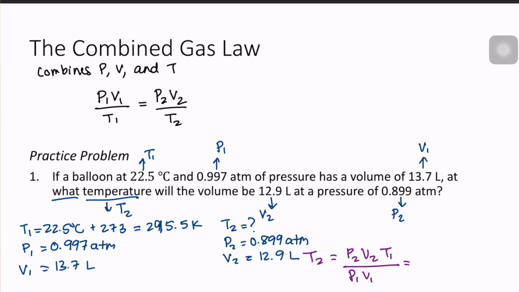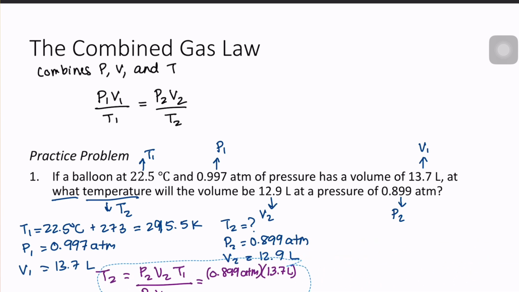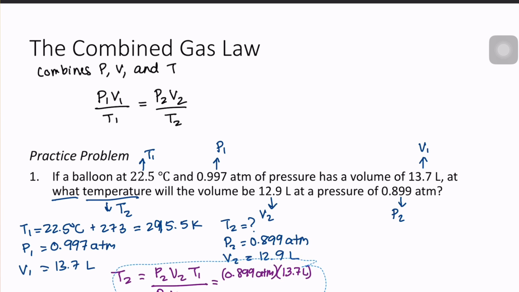My P2 is 0.899 atmospheres. V2 is 13.7 liters. Man, I'm really running out of room here, aren't I? Let's see if we can move it down here. Here we go.